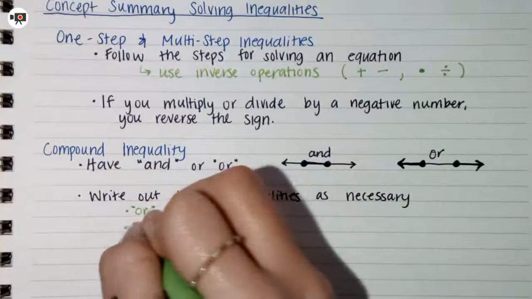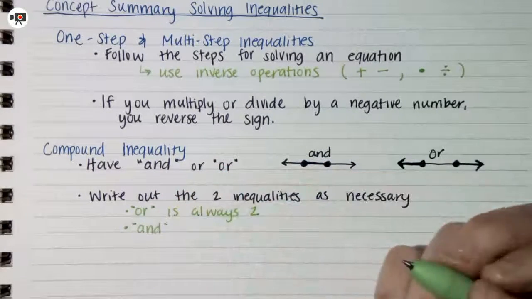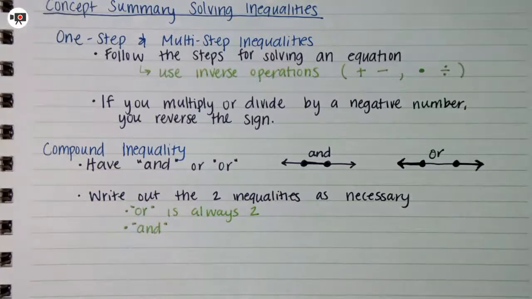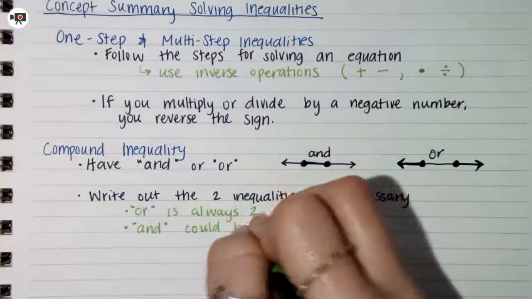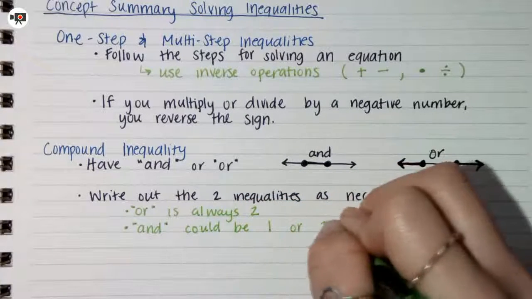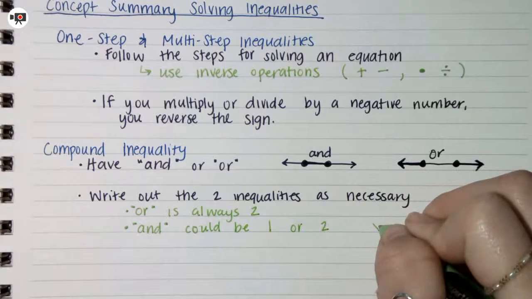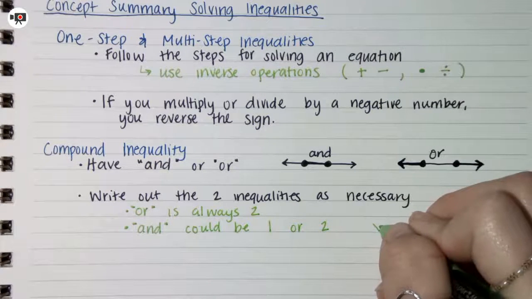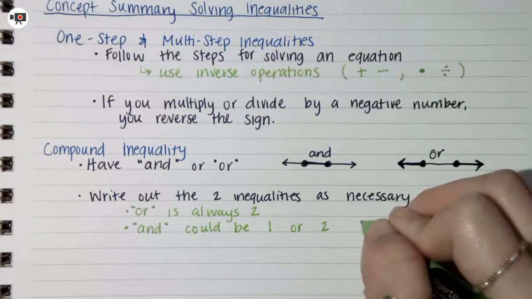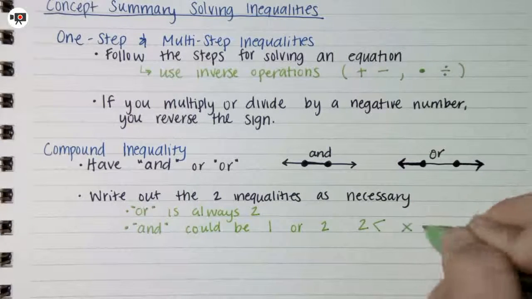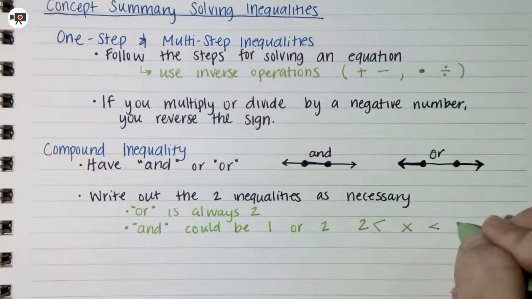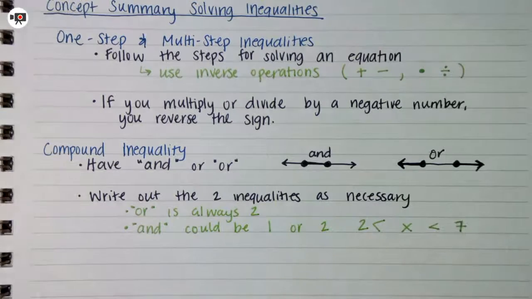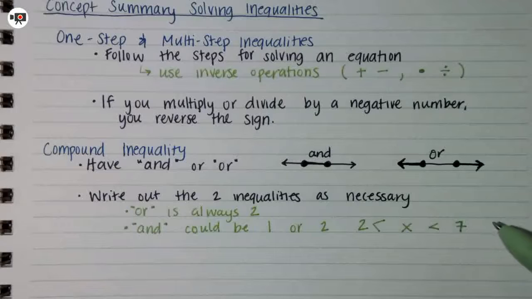An and could be 1, written with 2 symbols in it. So let's do it like this: 2 is less than x, which is less than 7. This is an and, written as one long one, or you could split it into 2.